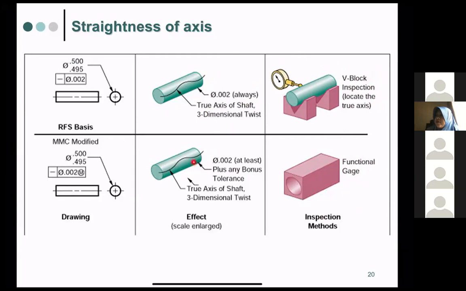If we put this shaft into the functional gauge and it can go inside and fit, with the right direction, similar to the go and no-go gauge we remembered from a few weeks ago, then it can pass the inspection. If it gets stuck, that means it is not working properly.